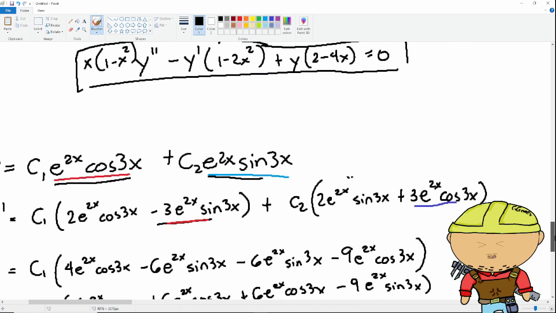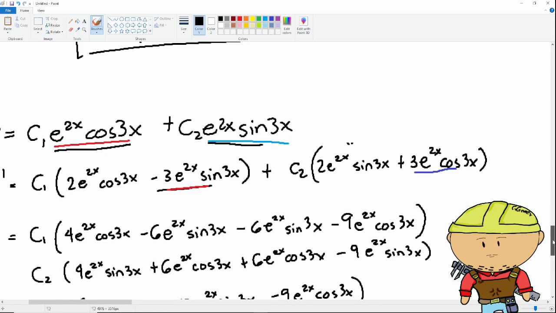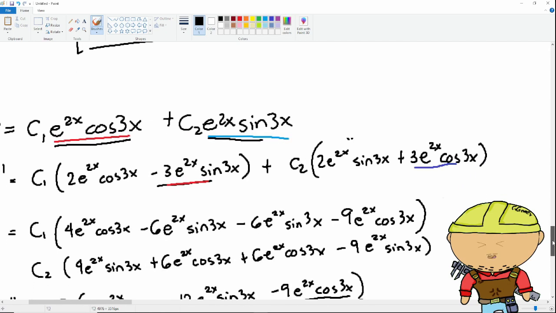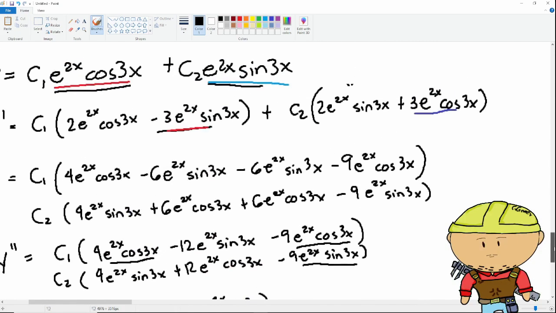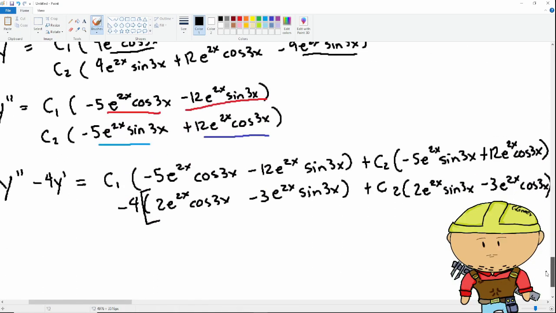Take note, we can eliminate the second term.